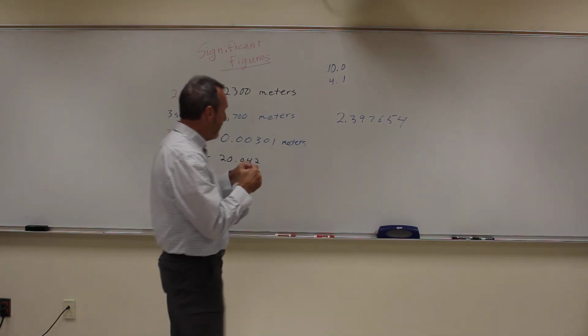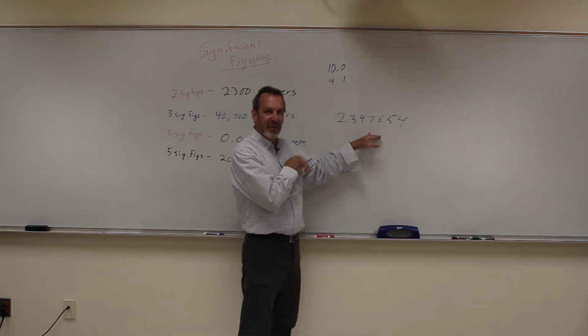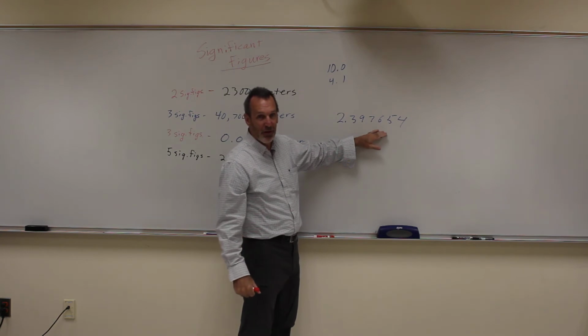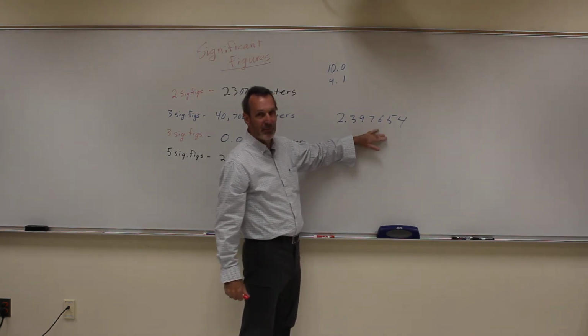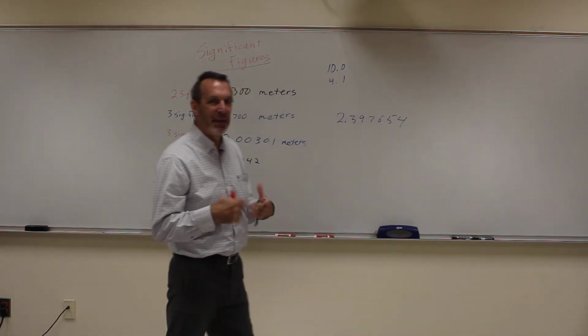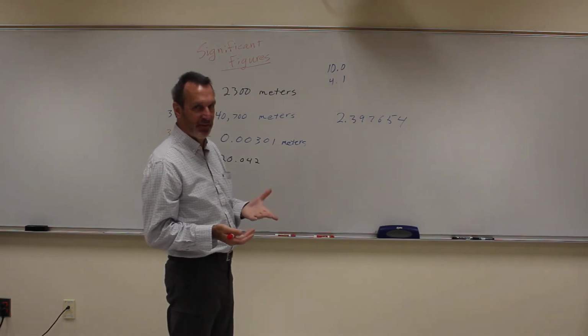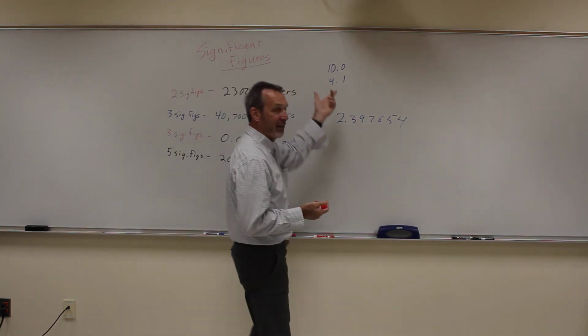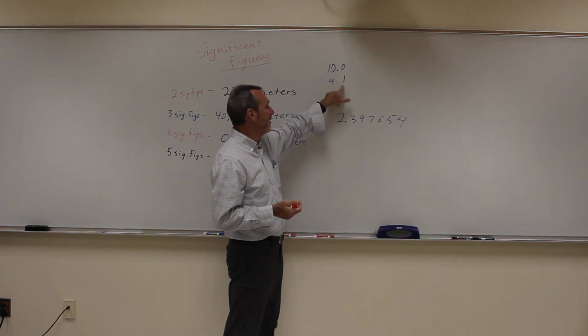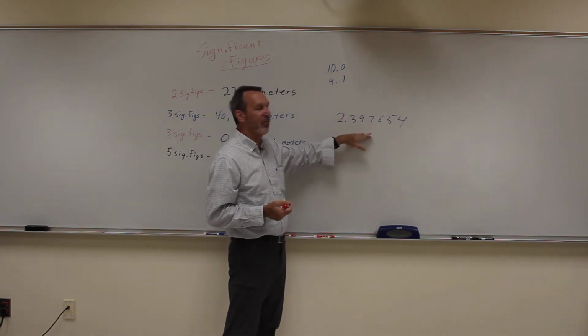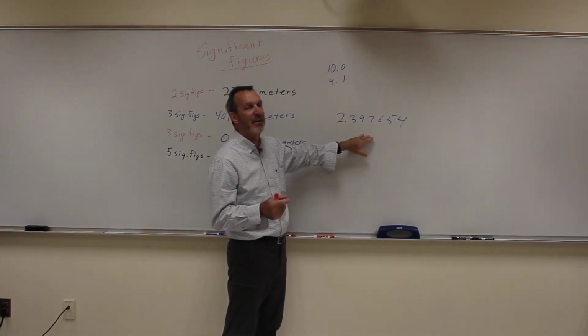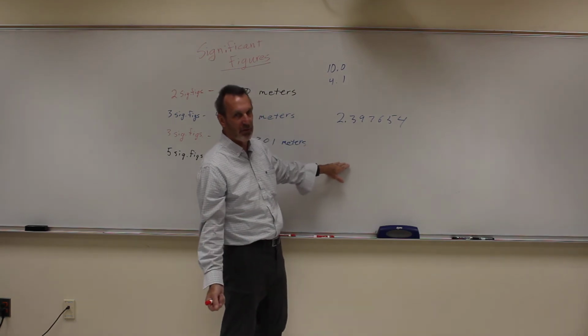If you put all these down there, I'm going to tell you that your sig figs are wrong, and I will count off points. Why? Because you can't make an answer more accurate by just multiplying and dividing numbers. So if you only measure it to this accuracy, you can't have an answer that gets super accurate. You can never make the answer more accurate than what you started with.